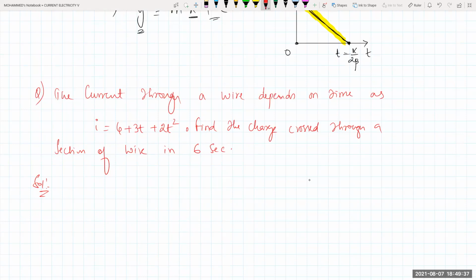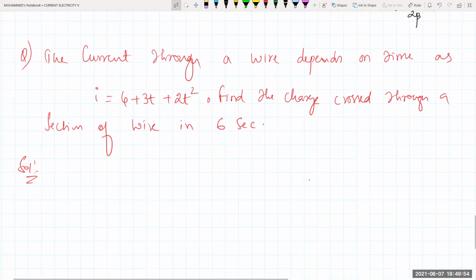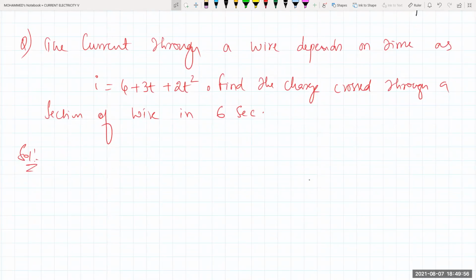Sir, I equals 6 plus 3t? No, in the question I equals 4 plus 3t plus 2t square. Current is given, so calculate the charge. Sir, should we differentiate or integrate?